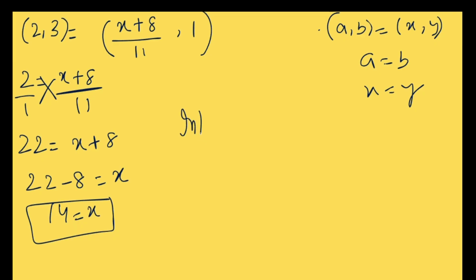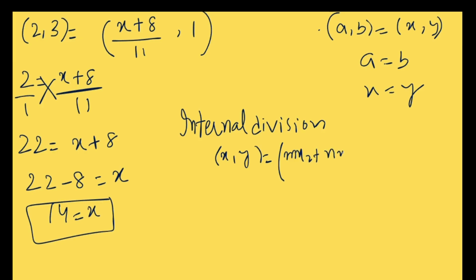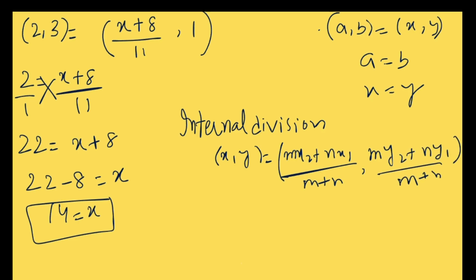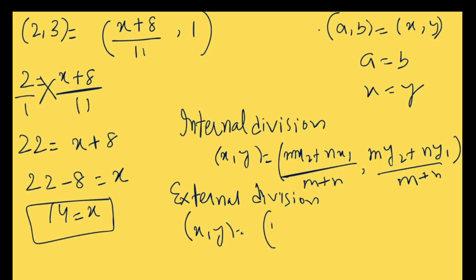So you just have to remember the internal division formula, that is P(x, y) equal to (m x2 plus n x1) upon (m plus n), and (m y2 plus n y1) upon (m plus n), and for external division, (m x2 minus n x1) upon (m minus n), and (m y2 minus n y1) upon (m minus n).